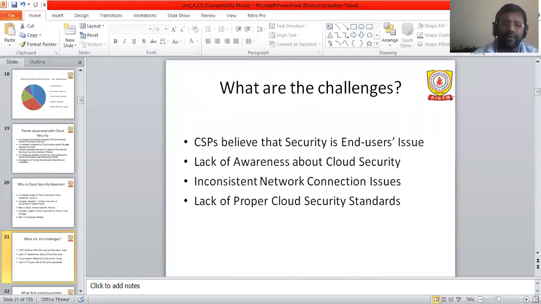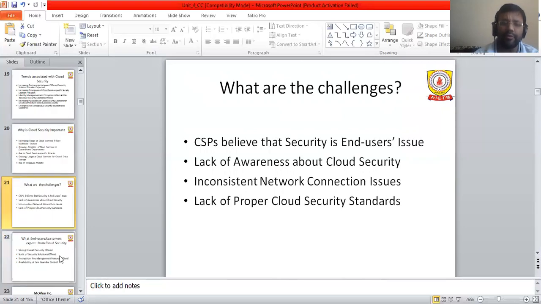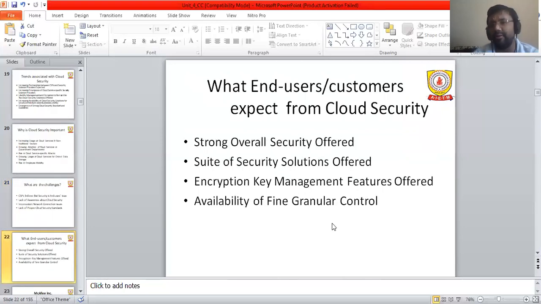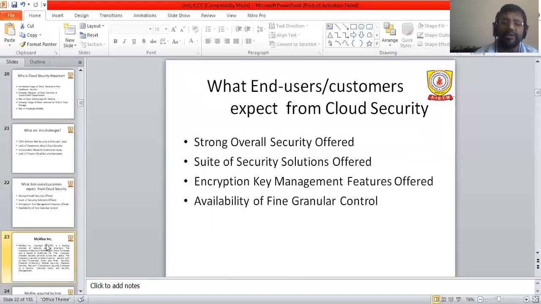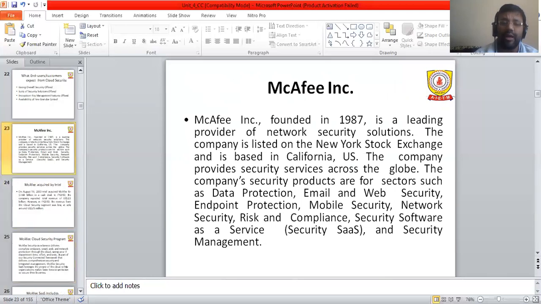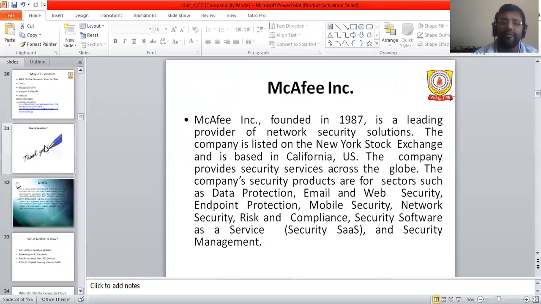To manage things and protect from threats is the main objective of cloud security implementation. What do end users and customers expect from cloud security? Strong overall security, a suite of security solutions, encryption key management features, and availability of fine granular control. So this is the objective required by the client.